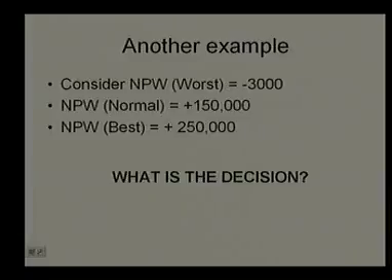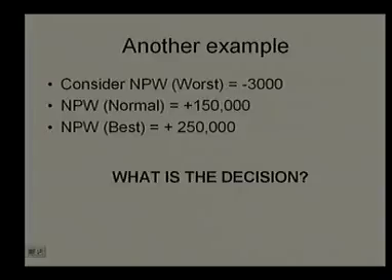Now, we take another problem. Here again for this problem, I have 3 sets of scenarios. I have normal scenario, I have best scenario, and I have the worst scenario for different variables. Now, corresponding to those values of variables, let us say I have got these values of net present worth.